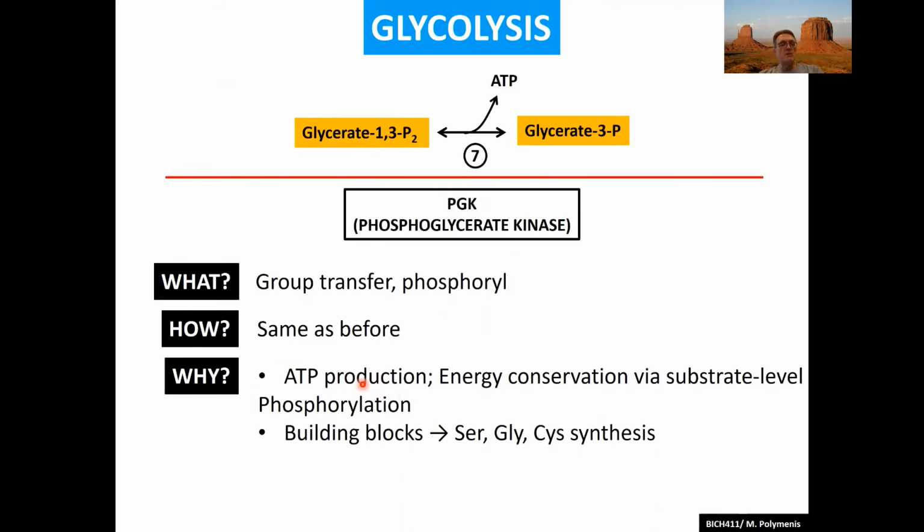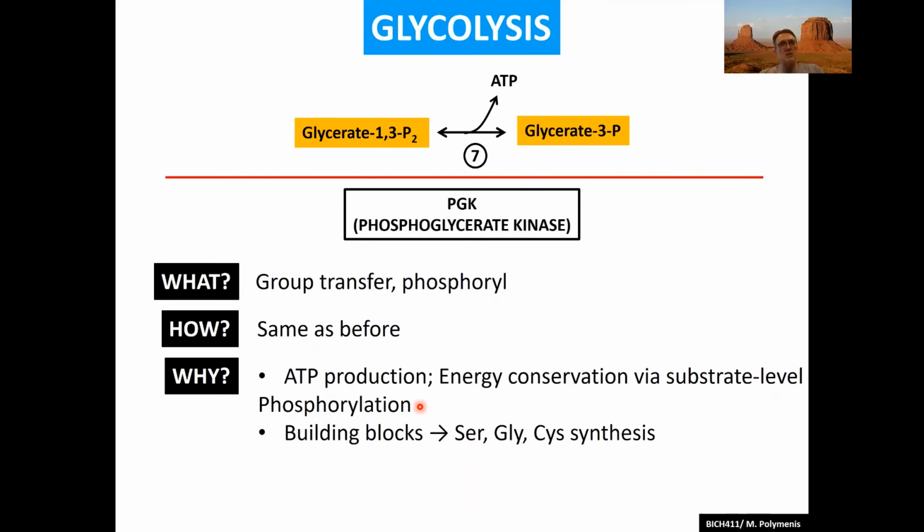Why? Because it makes ATP. Very simple. There are two reasons, actually. An important one is it makes ATP. So this is an example of substrate level phosphorylation. All these principles that we had discussed in the introduction, how cells would like to capture the free energy of the food they consume, in this case, glucose, in little baby steps.